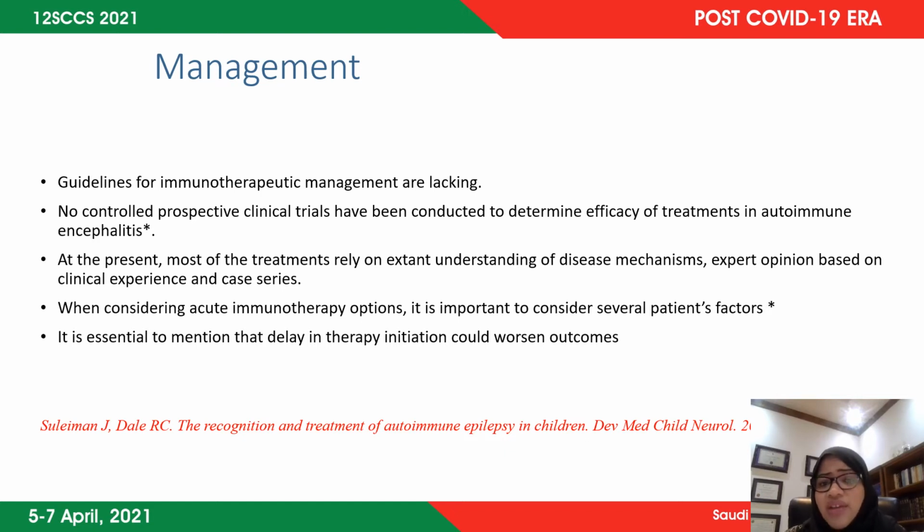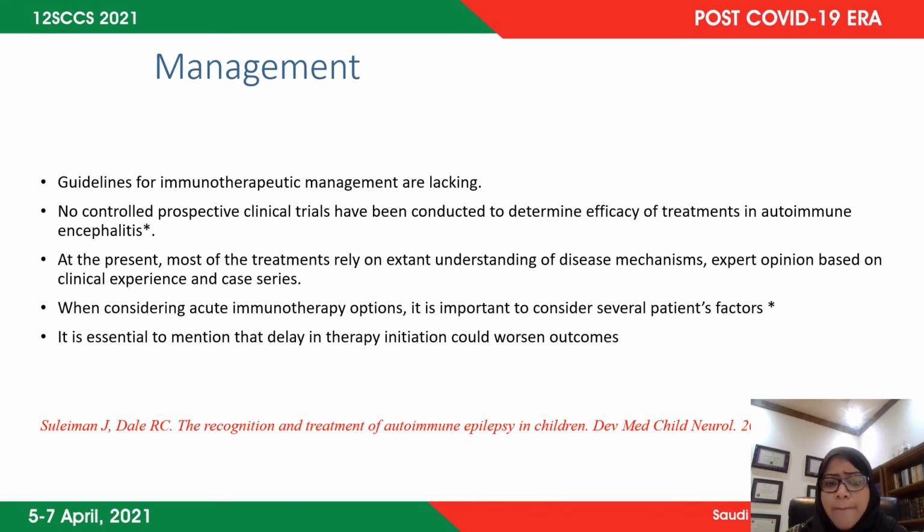That really hinders large-scale clinical trials and limits the quality of evidence behind management. So at present, most of the treatment relies on understanding of disease mechanism, expert opinion based on clinical experience, and case series.